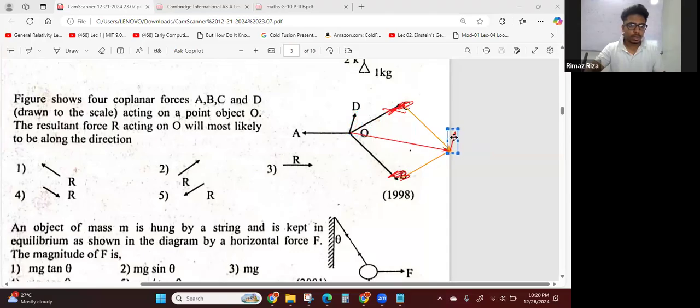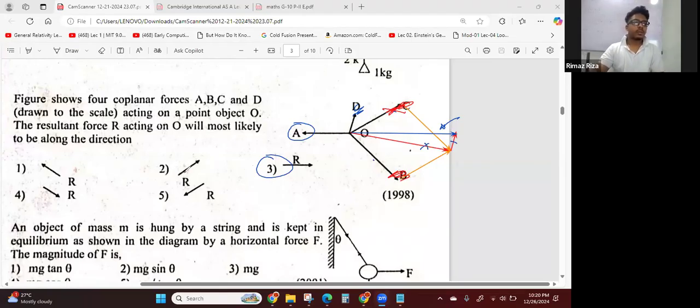I have to draw a parallel line to B from here. And now I draw the resultant of these two. It will be here. So instead of B, C, D, I have only this blue vector. That is longer than A. Therefore the resultant will be along this side. The third one is the answer. So here the answer is the third one.